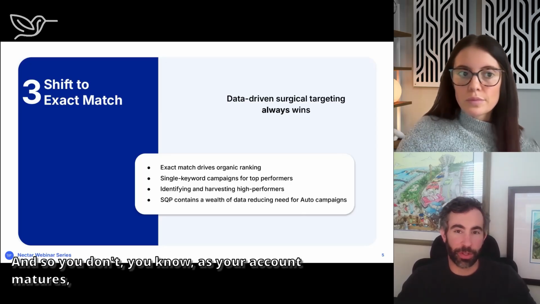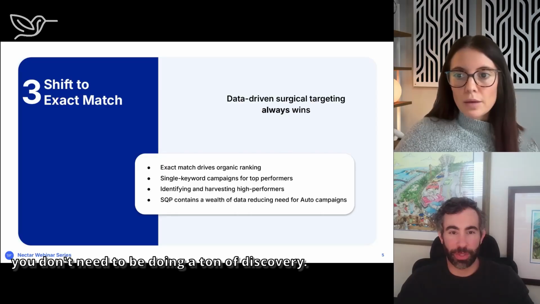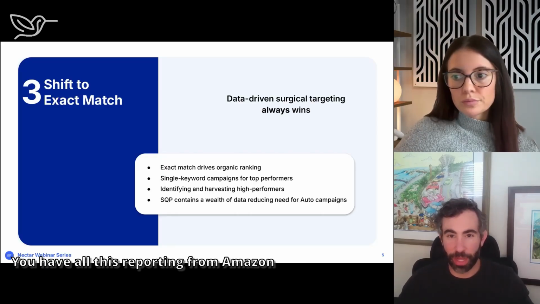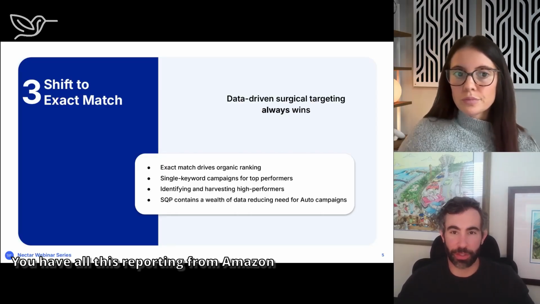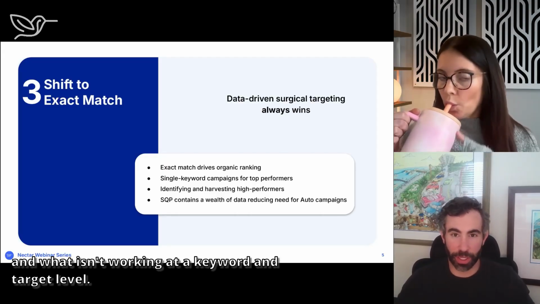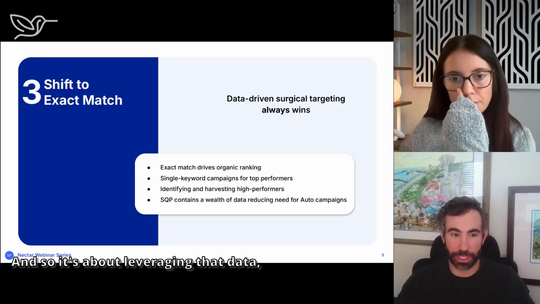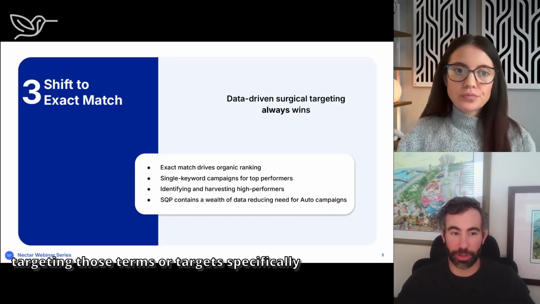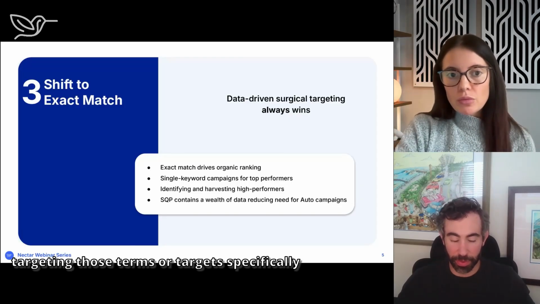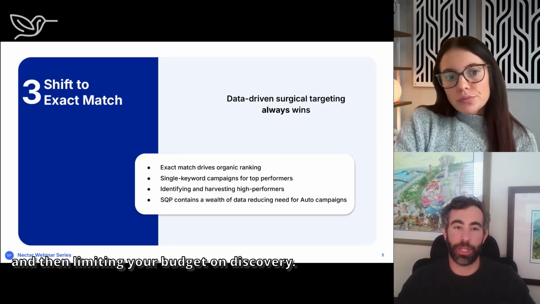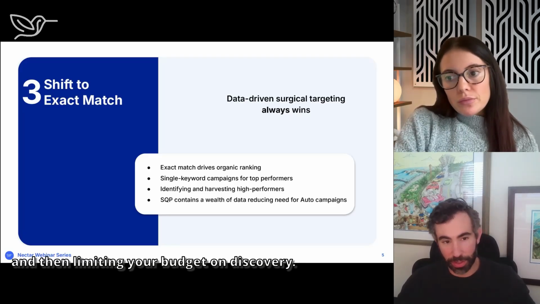As your account matures, you don't need to be doing a ton of discovery. You have all this reporting from Amazon that shows you what is working and what isn't working at a keyword and target level. And so it's about leveraging that data, targeting those terms or targets specifically, and then limiting your budget on discovery.